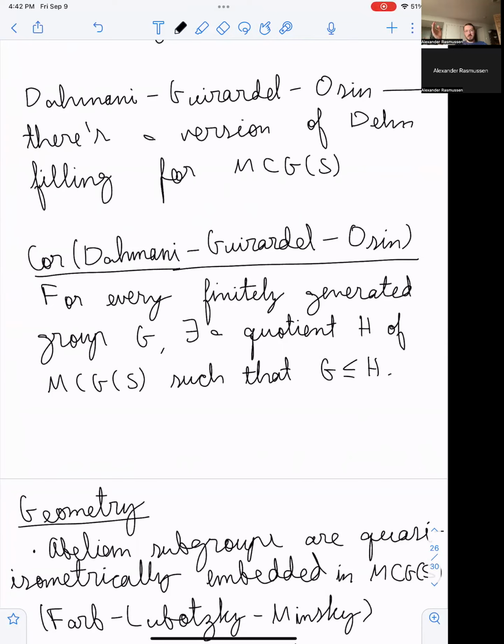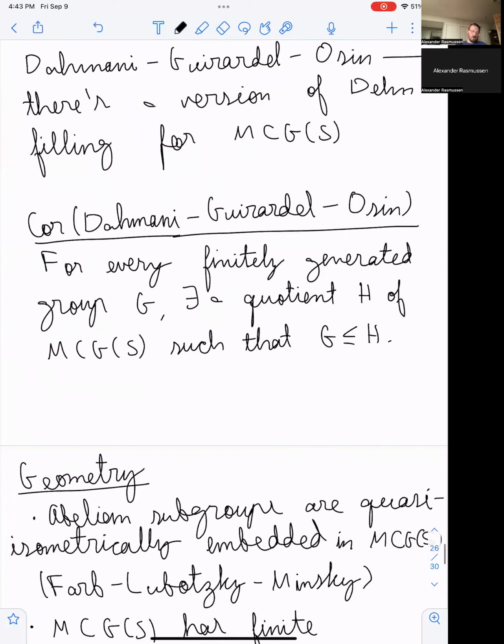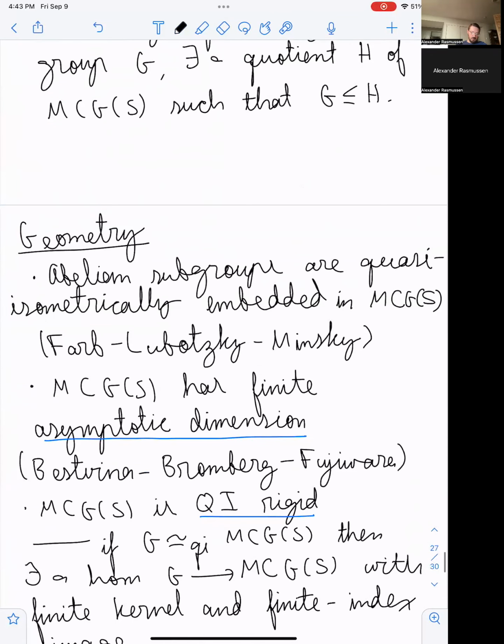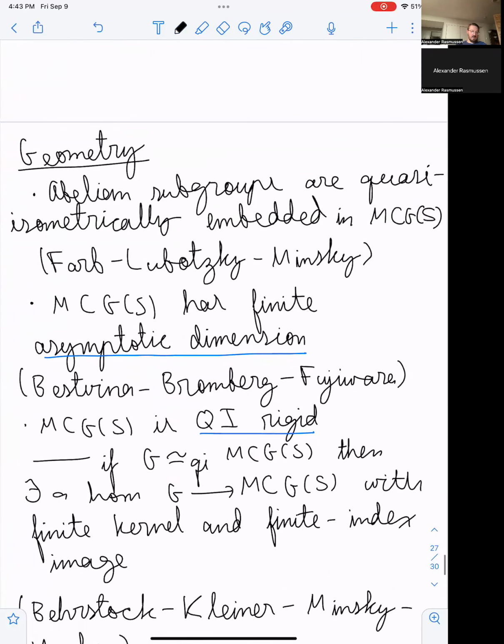Every possible finitely generated group, no matter how crazy, will embed in some quotient of the mapping class group. So it tells you there are a lot of quotients of mapping class groups, and they can get very intense.